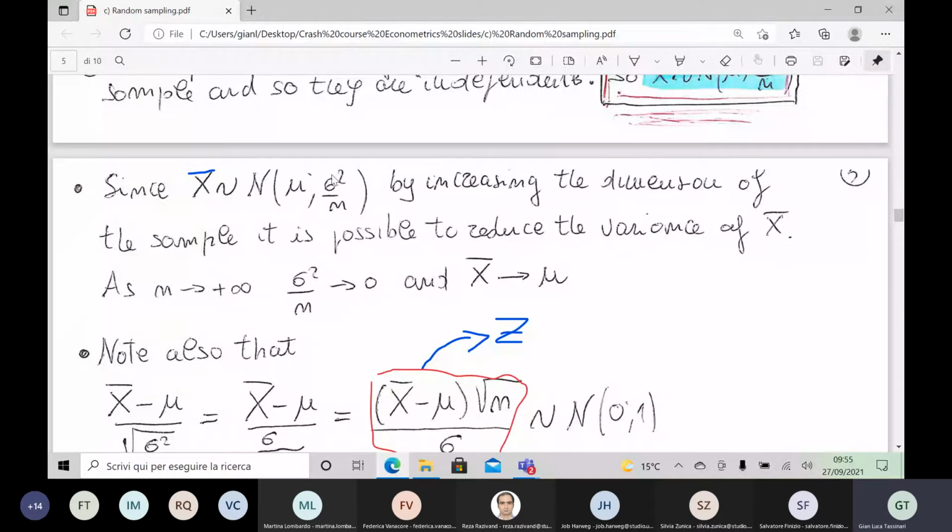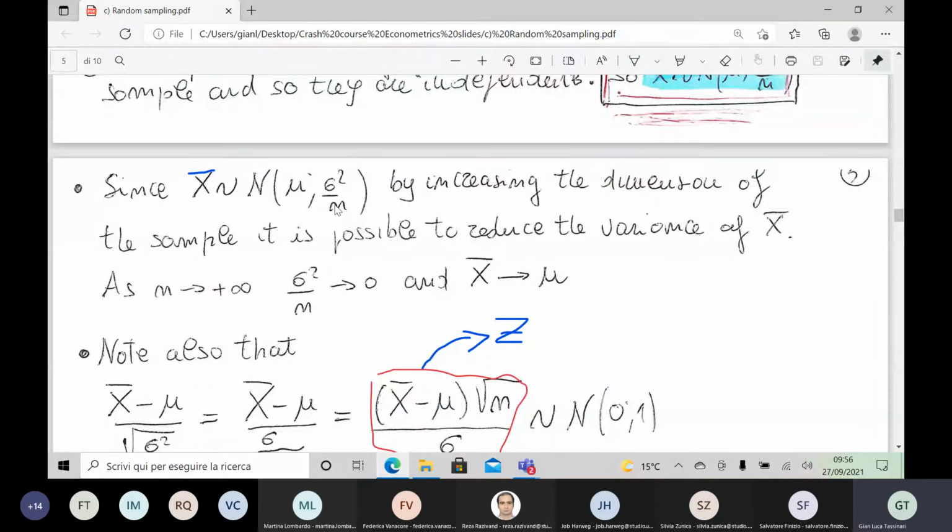And so what will happen in this case? X bar tends to assume the value mu with probability 1. In other words, as n tends to plus infinity, x bar converges to a degenerate random variable, which is a constant equal to mu. And this is very intuitive, because this is a measure of the variability of the values assumed by x bar around the mean.